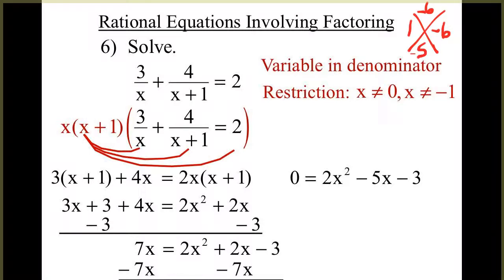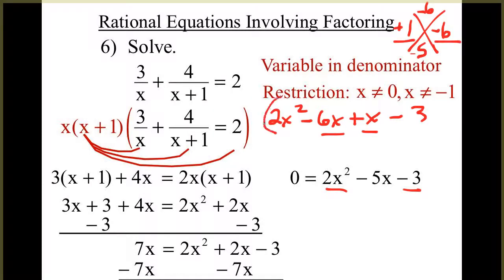So it's going to have to be a -6 and a +1. And then I factor by grouping: 2x squared minus 6x plus x minus that 3, using the first and last terms. And these two come from right here. Okay, factor by grouping.